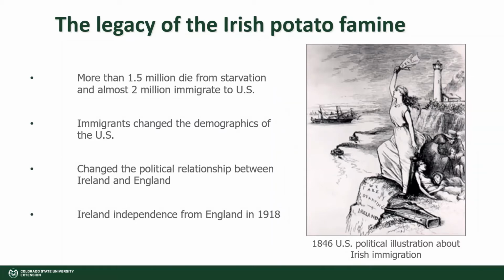This, of course, changed the political relationship between Ireland and England, resulting in Irish independence in 1918. So it's kind of just one pathogen, just one disease, that caused all these social, political, cultural disruptions, and even changed the demographic of an entire country.